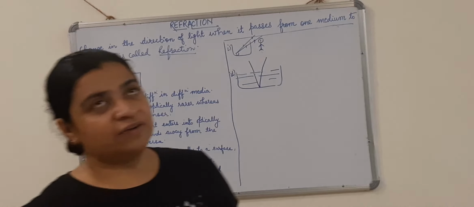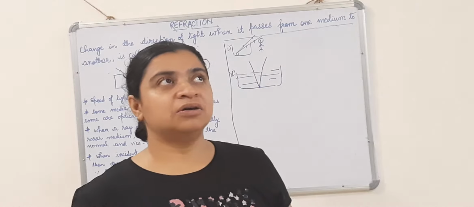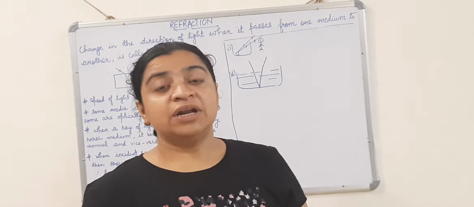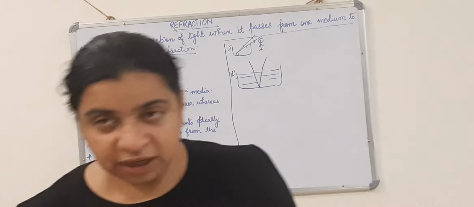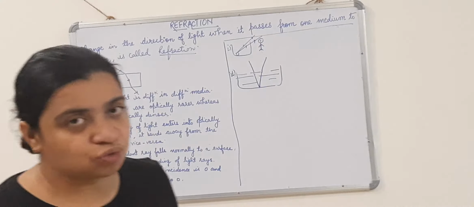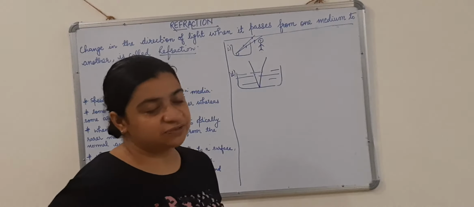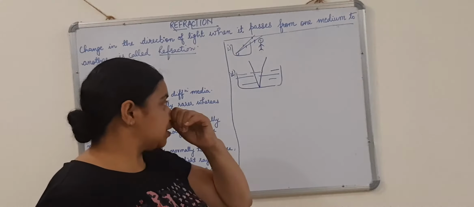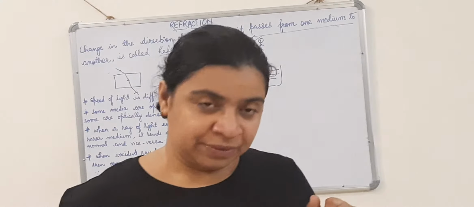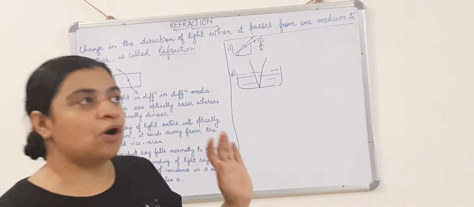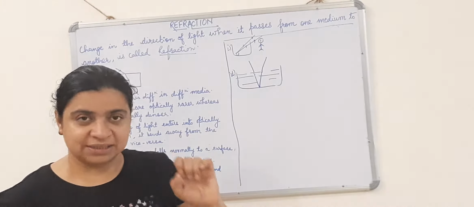Suppose in the lab you have to do one experiment, that is refraction through a glass slab or refraction through a prism. These two experiments are there in your syllabus, which we will do later on. Now first let us talk about the case of a glass slab or a prism, where the light is traveling from air to glass.